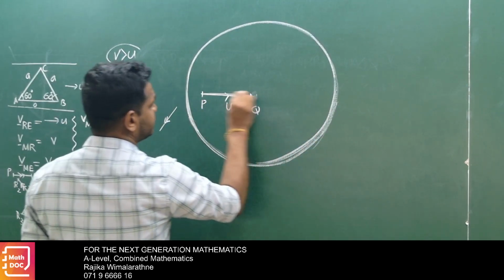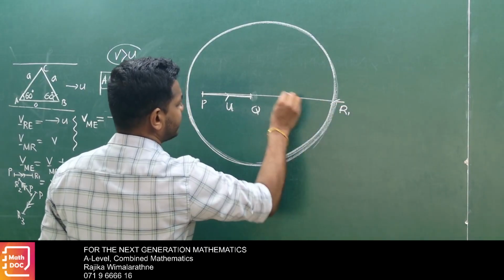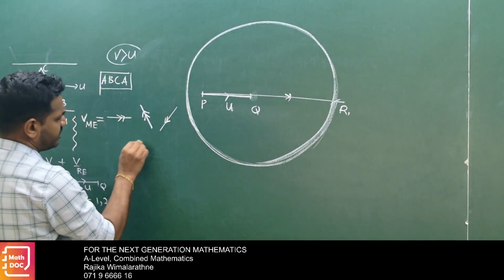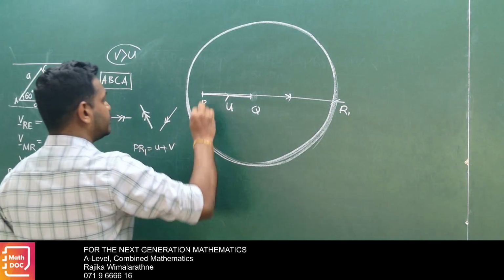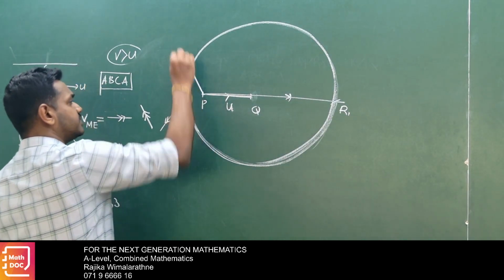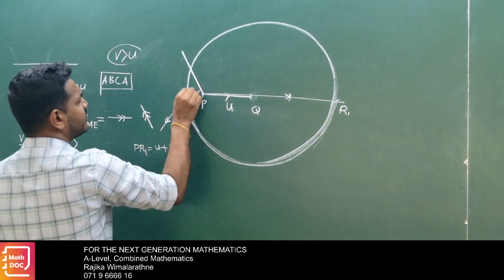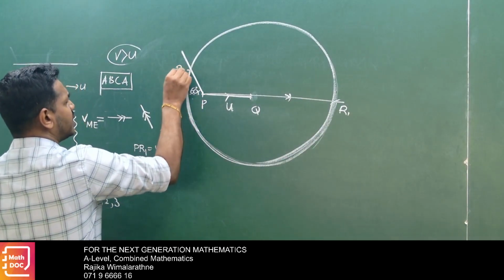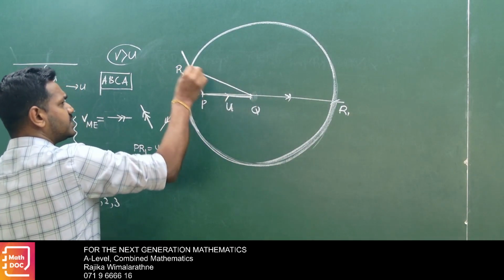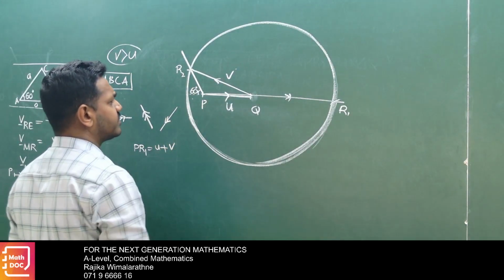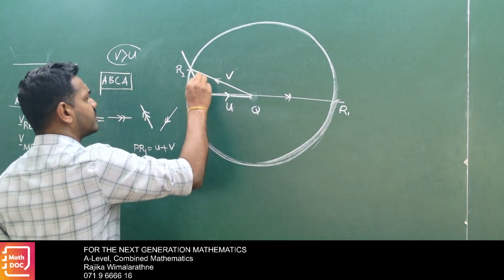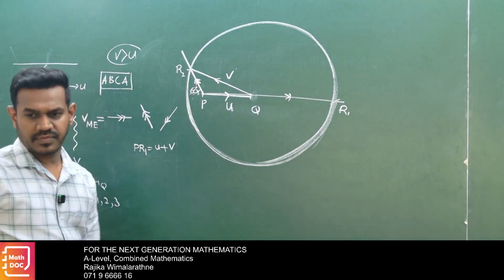Then PR1 is this. PR1 is U plus V. Then PR2 with 60 degree inclination. Here R2 complete. Here V. PR2.